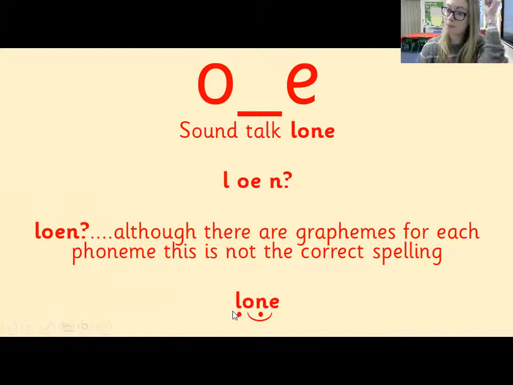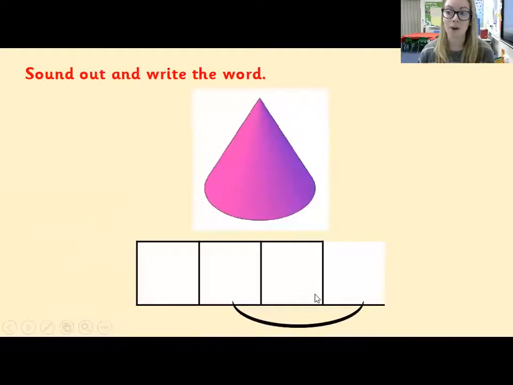So I need to remember that it might be a split digraph. If you have a look down here at the bottom, you can see L, O, N. And in this word, loan, it is that N that is separating the O and the E for the O sound.